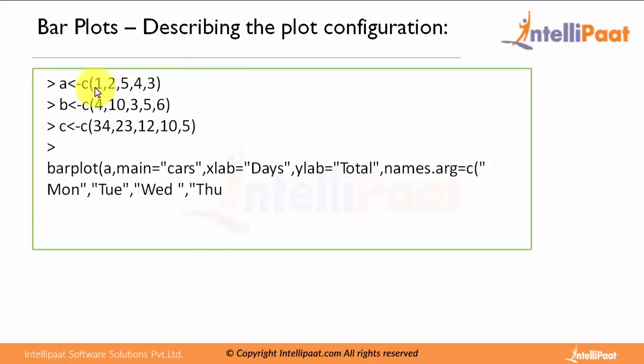So likewise, we create an object. In our case, we took an example of one case. When we say barplot A, that is the value on which this bar plot is plotted, main is equal to cars, xlab is equal to day, ylab is equal to total. Names, essentially, we are writing like this.